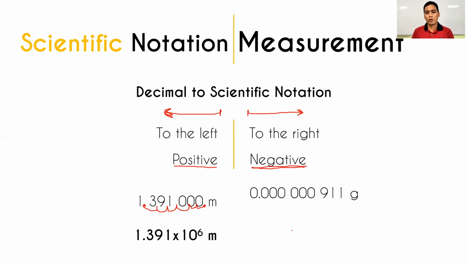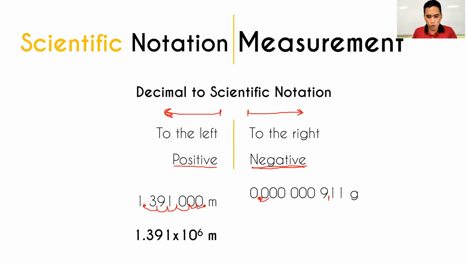So we have 0.0000000911 grams. Okay, so from this decimal point, we move up to the 9, so that we can have a whole number 9. So we count the number of movements.